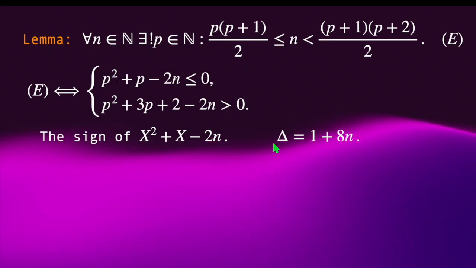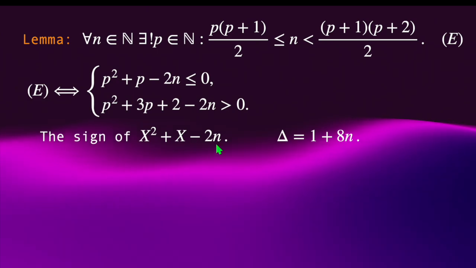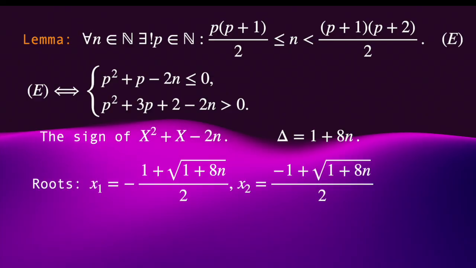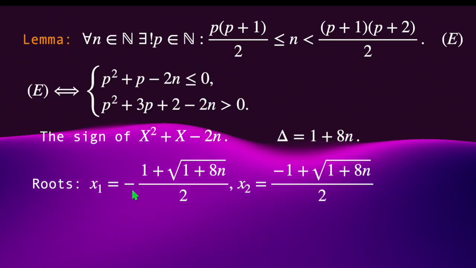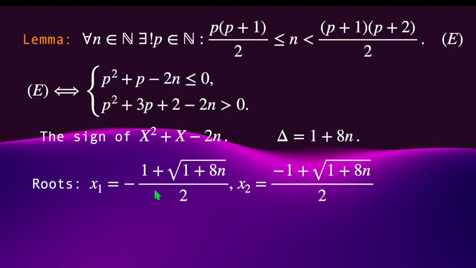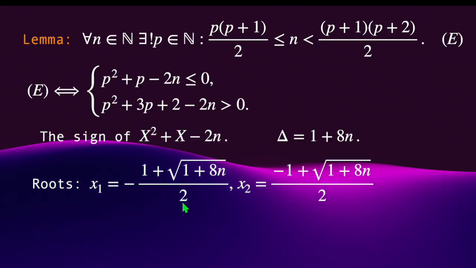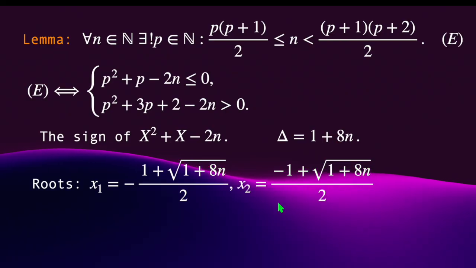The discriminant is given by 1 squared minus 4 times minus 2n, and we get 1 plus 8n.